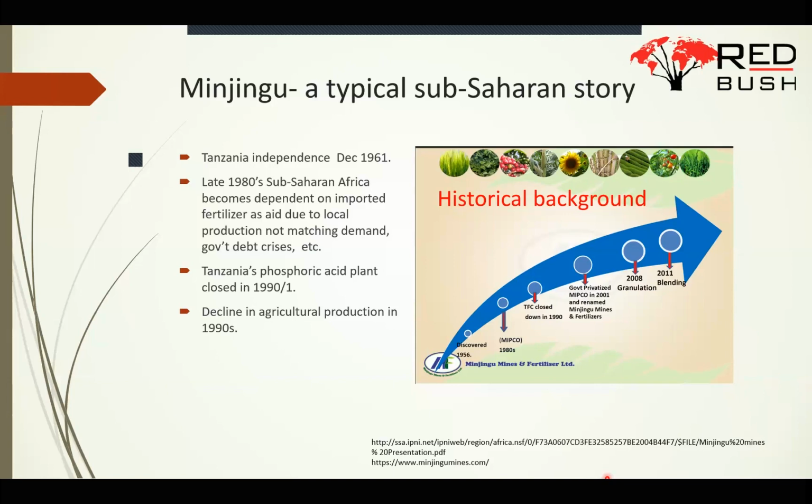But by the late 1980s, they are attempting to produce local fertilizers. They set up a company to produce local fertilizers. But what happens in the late 1980s is that there just isn't enough fertilizer on the market. And a lot of aid, fertilizer as agricultural aid, is dumped on the market.